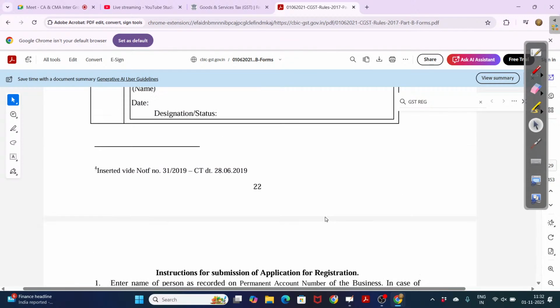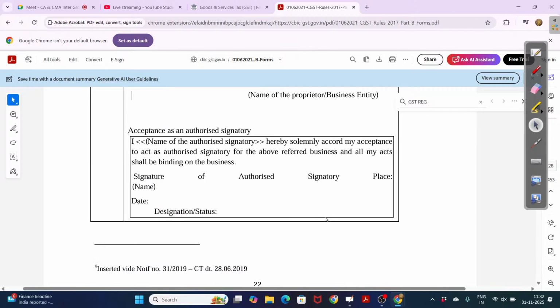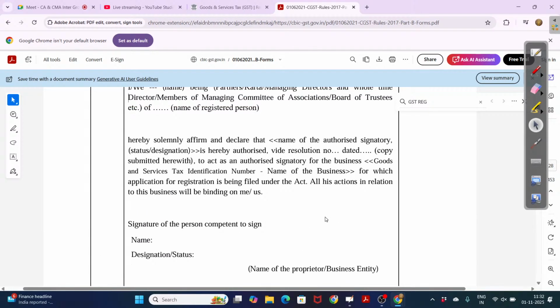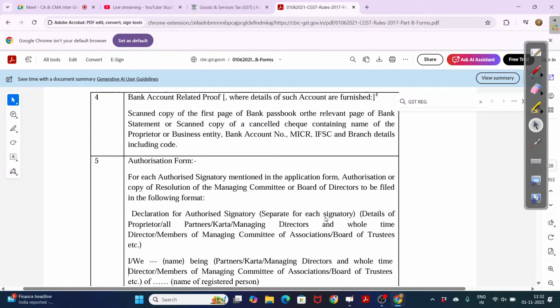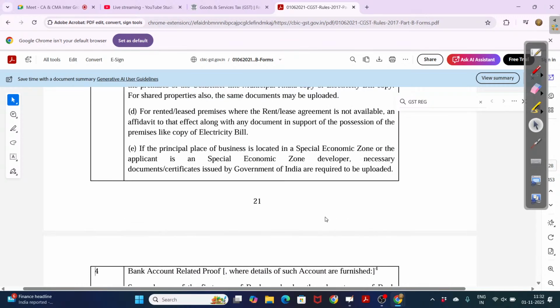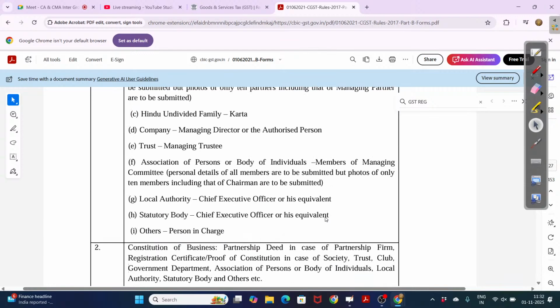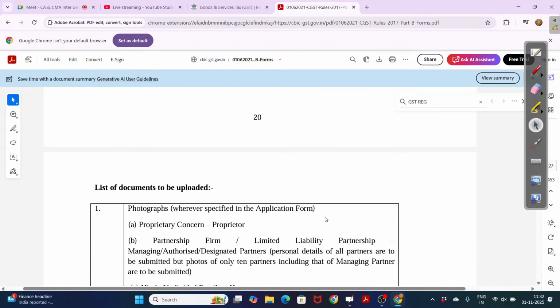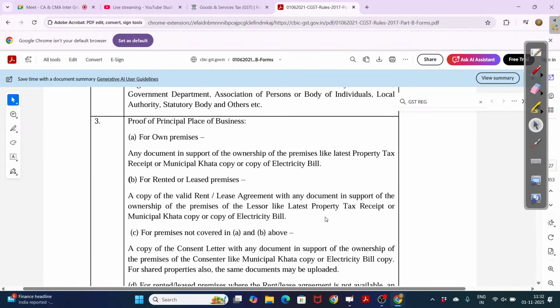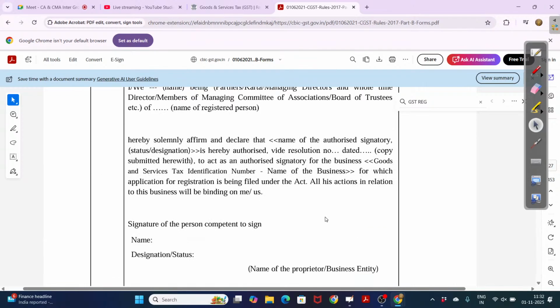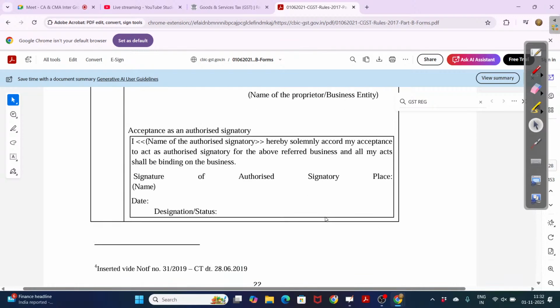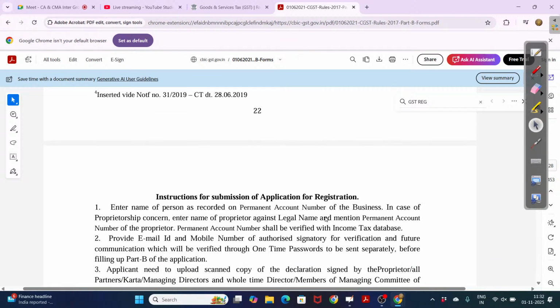I need the sixth form, right? The formats you'll see.